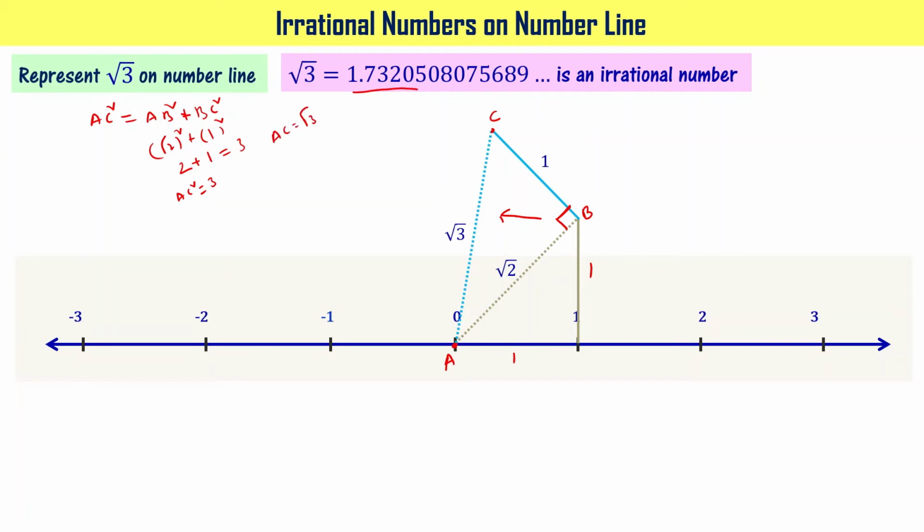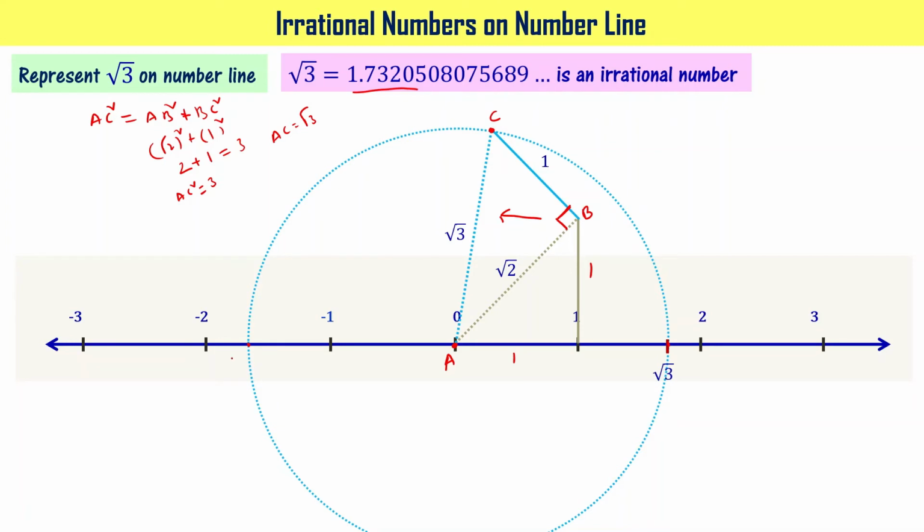Got it? Now I want to represent root 3 on the number line, right? For that, taking the point A as the center and AC as the radius, I'm going to draw a circle. You see, this particular circle has cut the number line at 2 points, right? One point is root 3 and let me mark that.